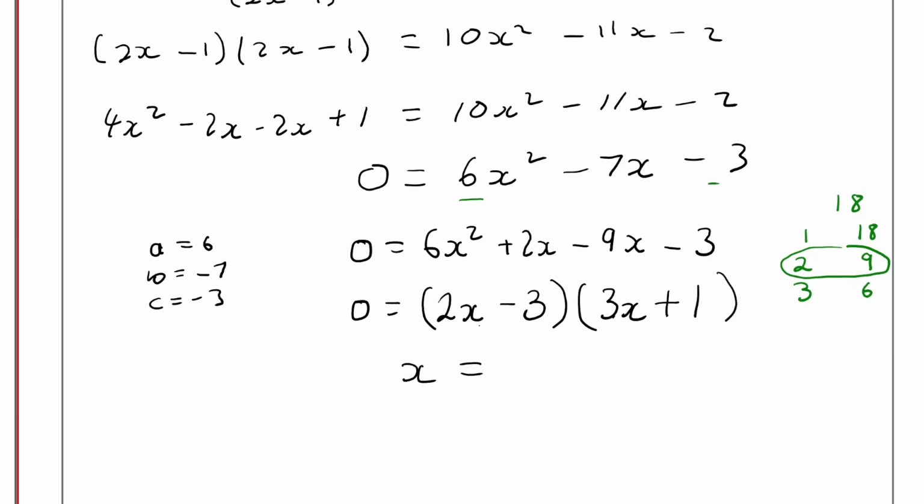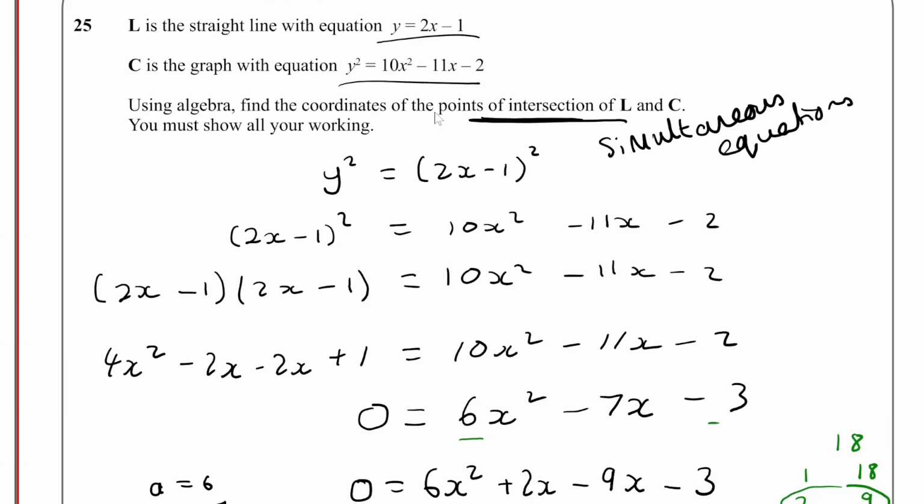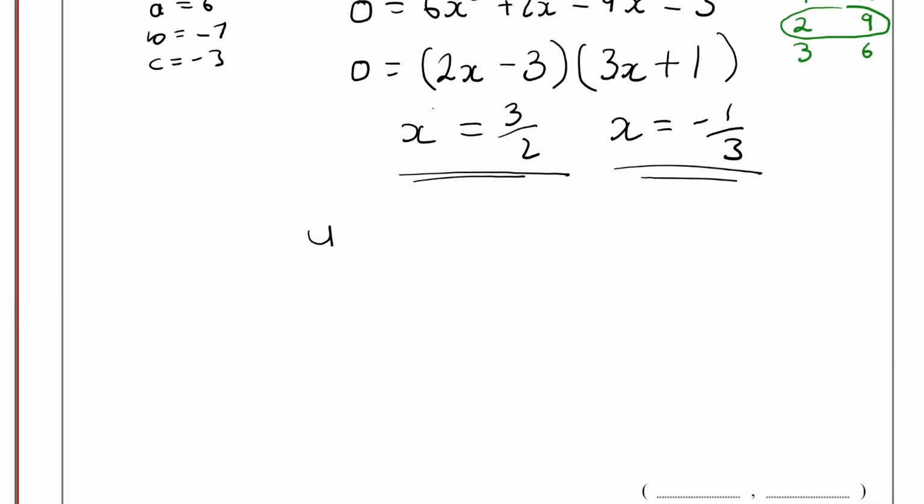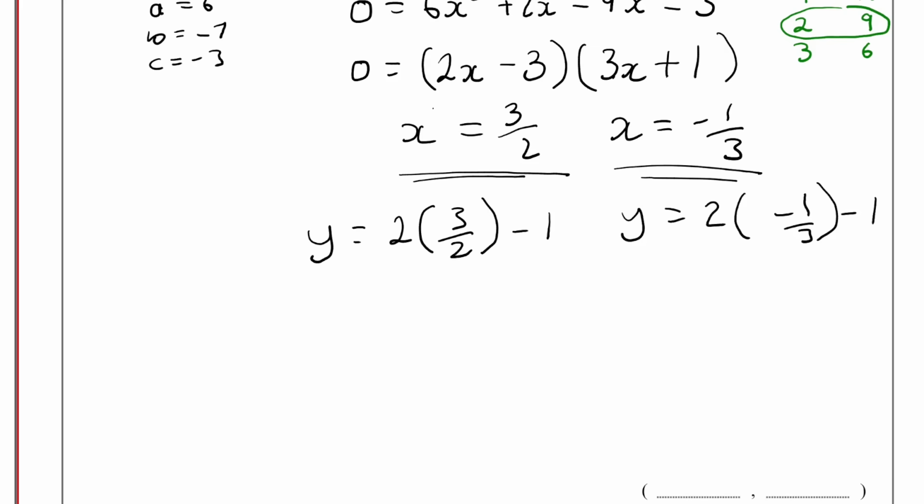So x, what makes the first bracket 0? That's 1.5. What makes the second bracket 0? Minus a third. So x is 3 over 2, or x is minus a third. And y is equal to 2x take away 1. So 2 times 3 over 2 take away 1, or 2 times minus a third take away 1.